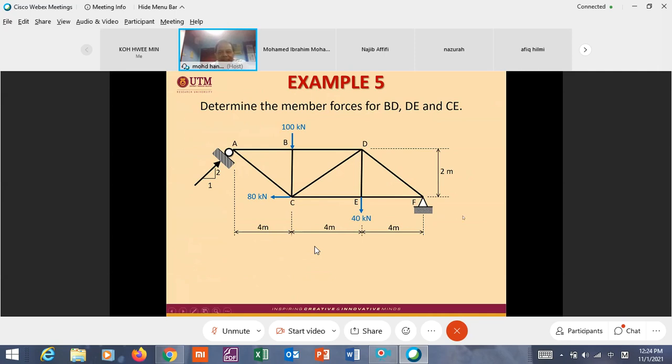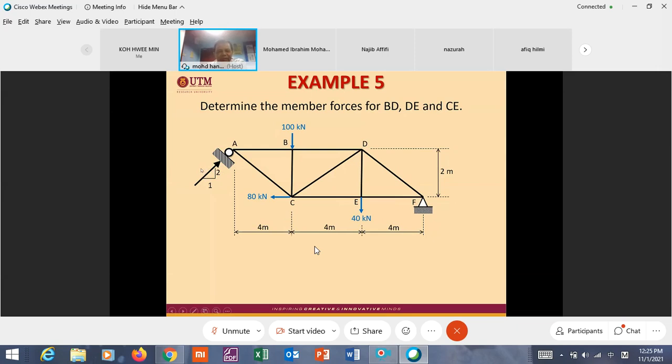Determine the member forces for BD, DE, and CE. And notes again. We have no time to explain this. When this is 1 and 2, what is the angle? What is the component X and Y?